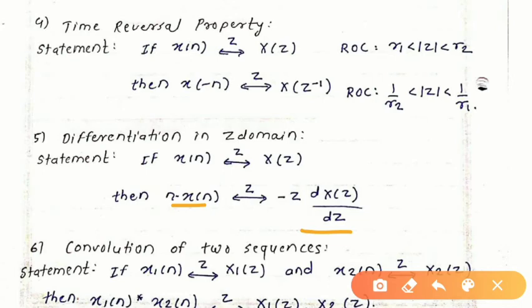So it is a derivative type of property of the Z transform. So for the sequence n into x of n, the Z transform is minus z d by dz into x of z. You have to remember this Z transform and its sequence.